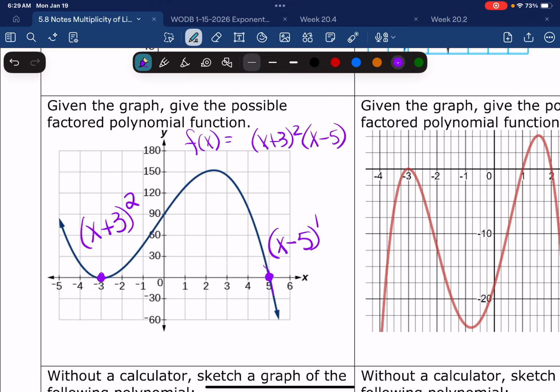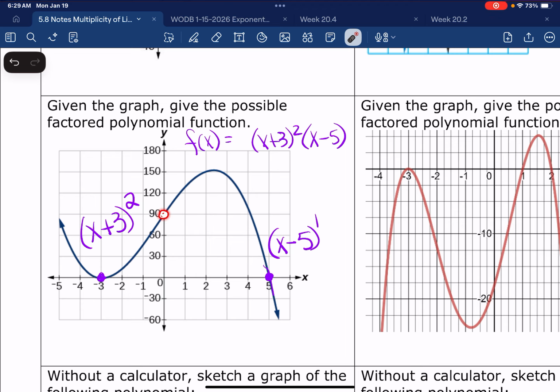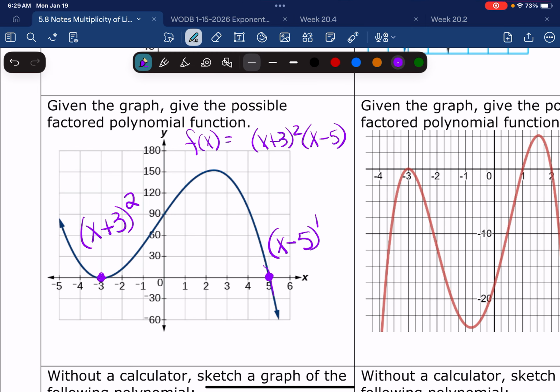Now, for this problem, I do see that I have a point that I could use to solve for an a value to help me with my leading coefficient. So if you use the point (0, 90), you can plug in 0 for x and 90 for the y value and see what happens. Okay, so f of x would be our y value of 90, and that should equal some a value.